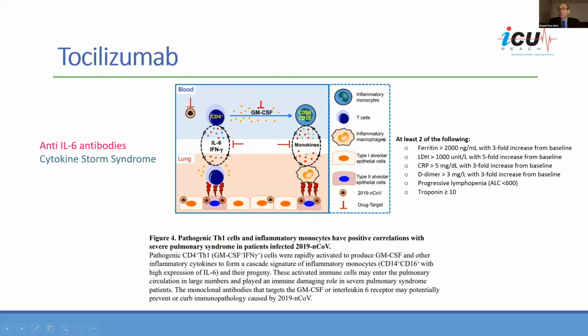It's approved in China by their local FDA, whatever they call it. Ferritin more than 2,000, LDH more than 1,000, CRP more than 5 milligrams, D-dimers more than 3, progressive lymphocytopenia, troponin more than 10. I think this is the same criteria which Abdul Ghani sent me.